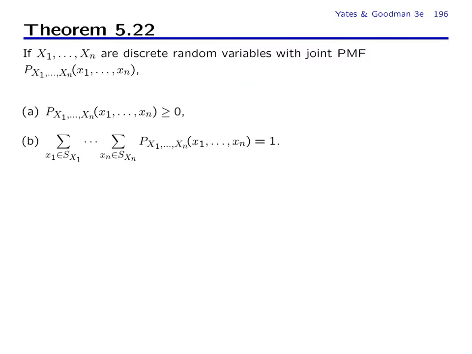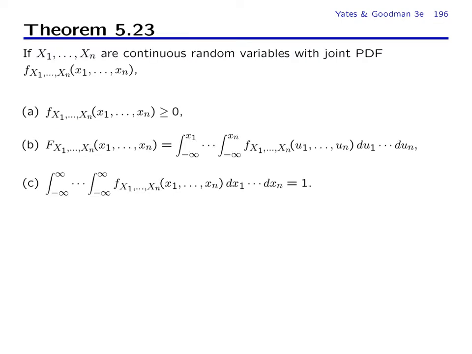So the joint PMF has exactly the same properties that you would have expected it to have. The joint PMF is always greater than or equal to 0. And when you sum it over all possible values, it has to sum to 1, just as you learned for two random variables. Similarly, the joint PDF has exactly the same properties as for two random variables.